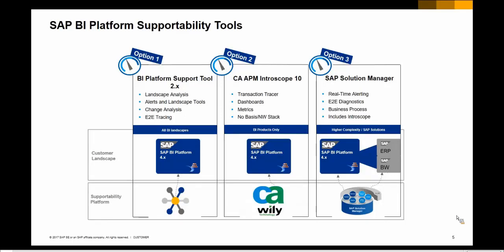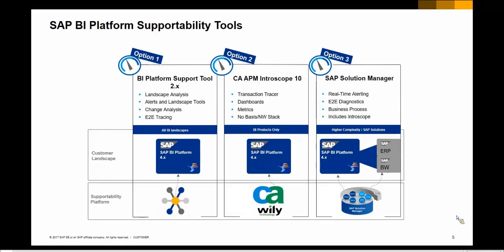So the BI platform support tool is a totally free, very simple to use client. Our goal was to make a supportability tool that would be as simple as just downloading it and running it without much actual configuration.